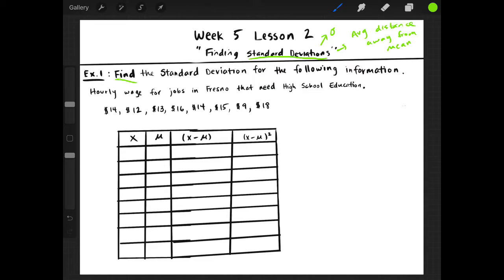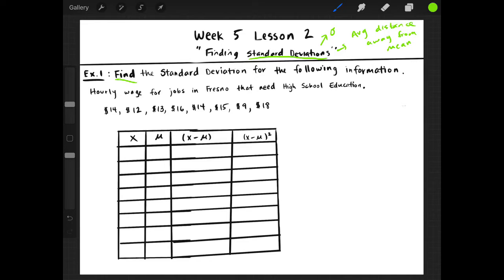So the example just says, find the standard deviation for the following information. Again, we're trying to figure out how far each piece of data is away from the mean on average. So we're going to look at the data that we're given. I looked up this information online, just because I know you guys are starting to look at jobs, or you might even have jobs.